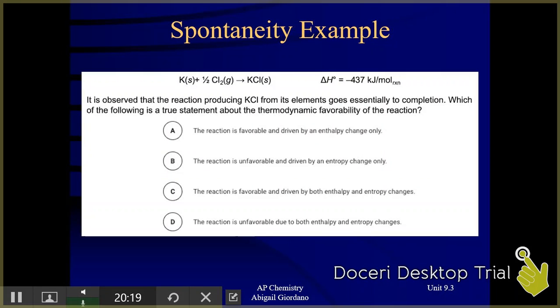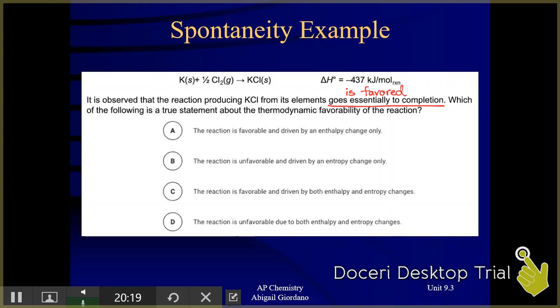Well, let me zero in on this phrase right here. Goes essentially to completion. Ladies and gentlemen, I'm going to translate that for you. Is favored. Okay.